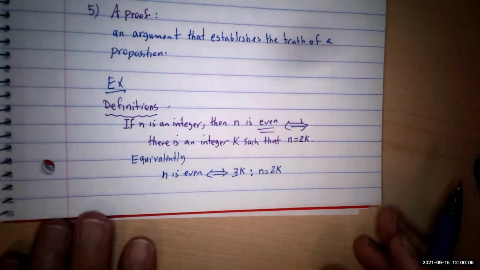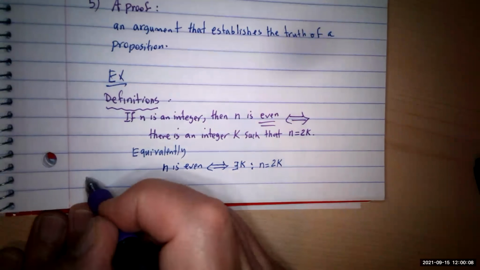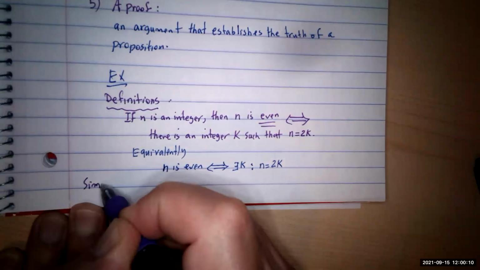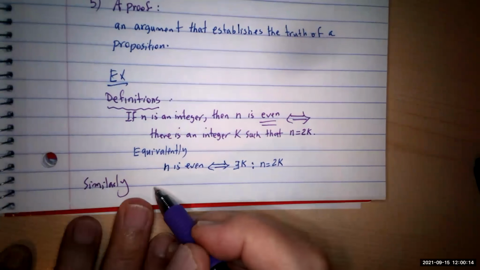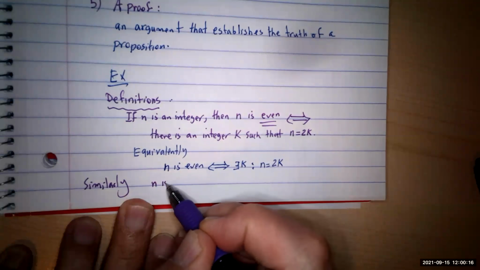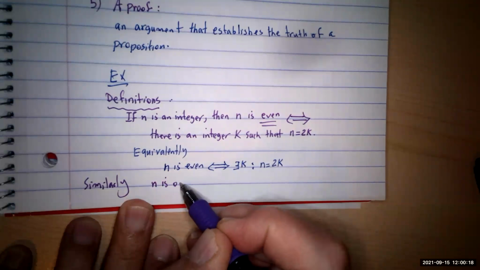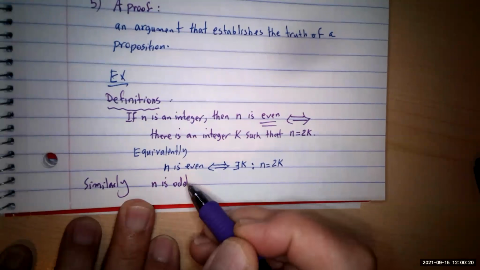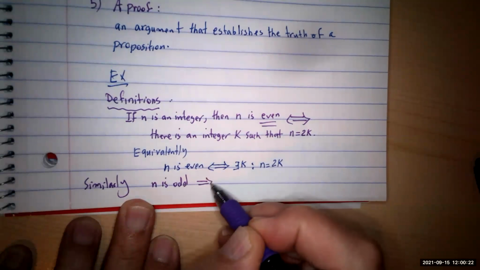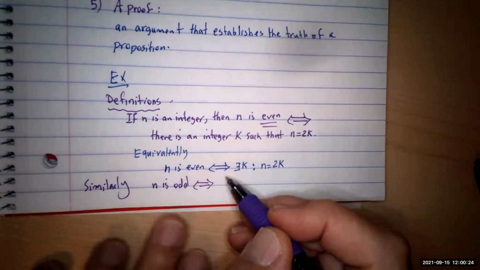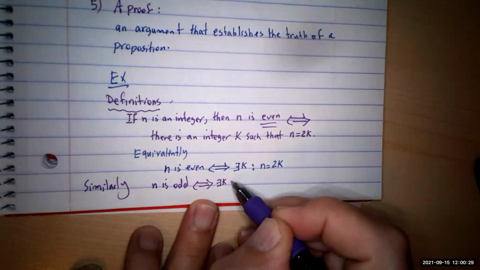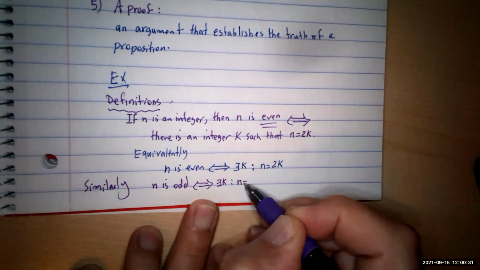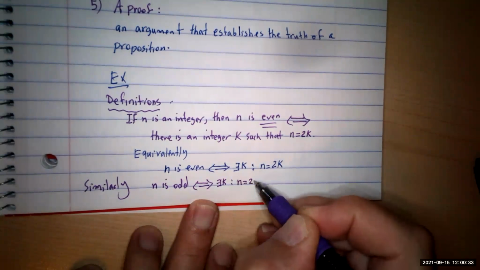For the odd numbers, you are going to use this one. Similarly, for an odd number, n is odd if and only if there is a k such that n is equal to 2k plus 1.